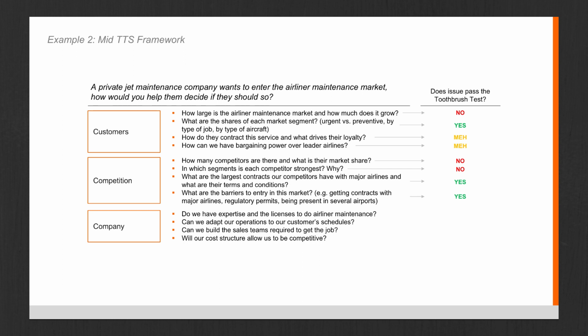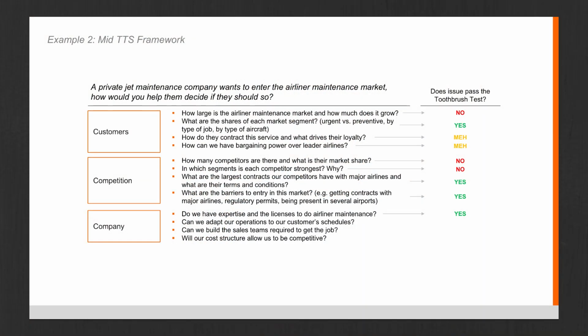Let's move into company. Do we have expertise and the licenses to do airliner maintenance? Yes. Why? Well, again, the licenses thing is most important. Expertise is important as well. But the key here is bringing together expertise and licenses along with specific airliners.